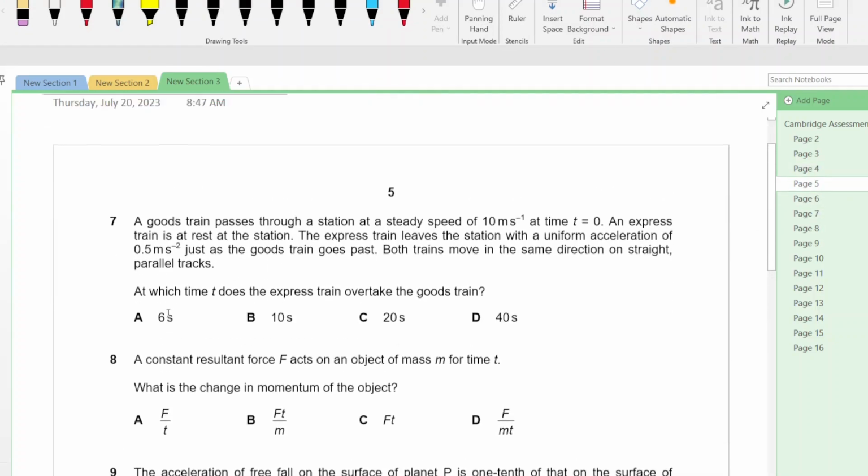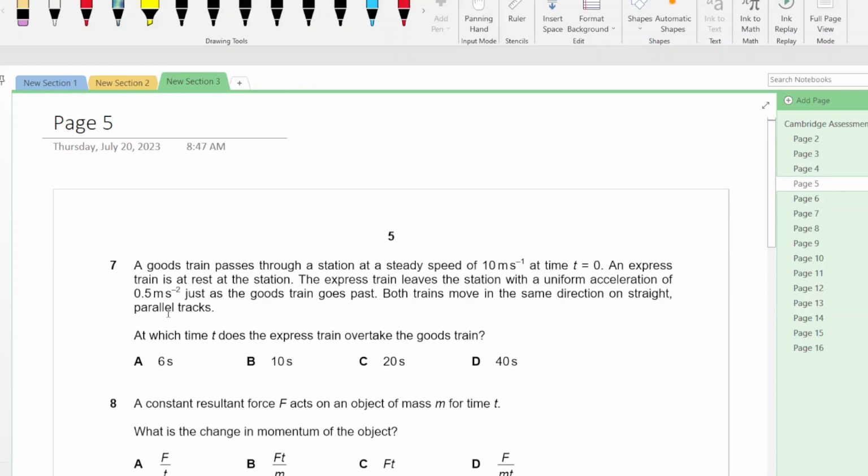Now, question 7. A goods train passes through a station at a steady speed of 10 meters per second at time t equals 0. An express train is at rest at the station.